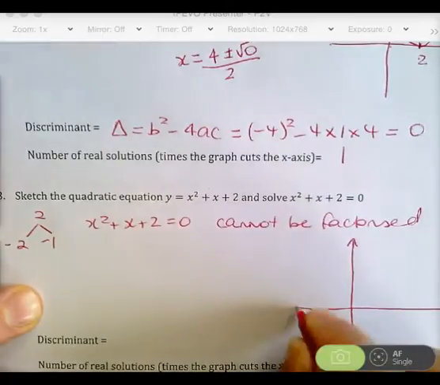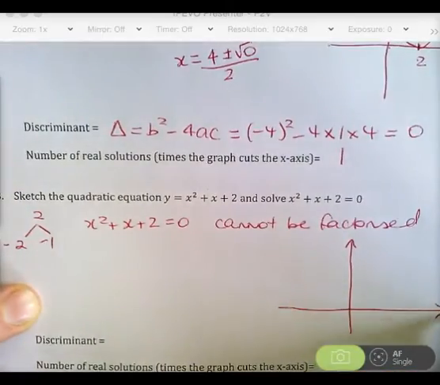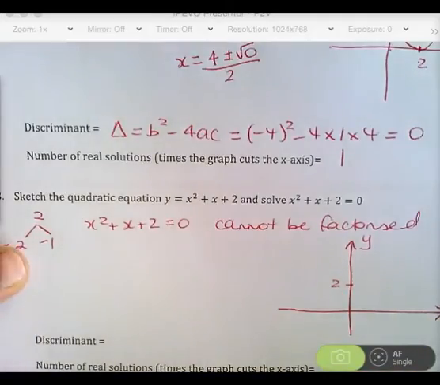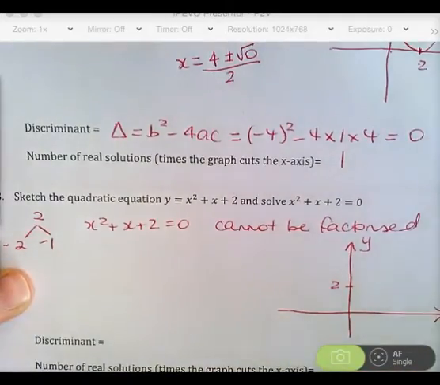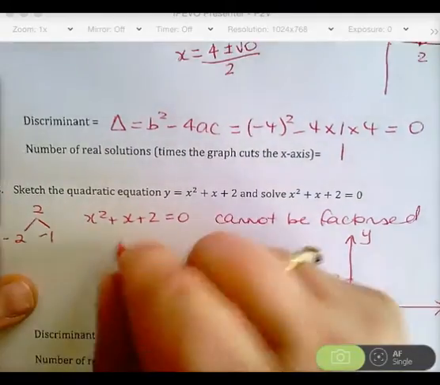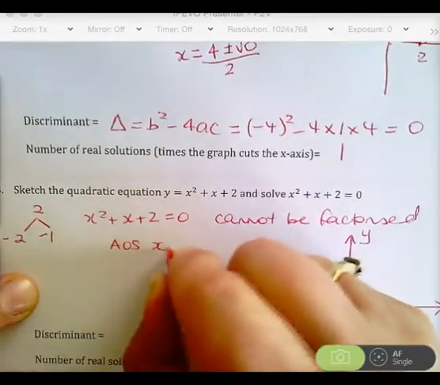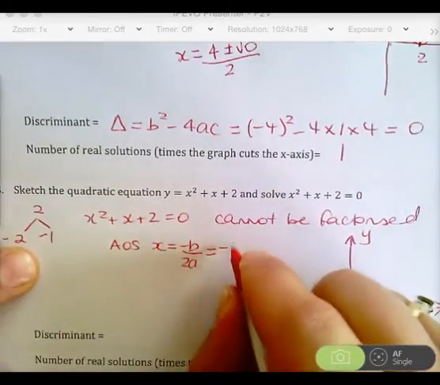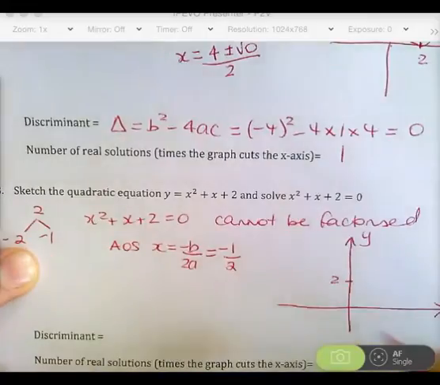Can you tell me the y-intercept? Good. Can you tell me the axis of symmetry? x is negative b on 2a, which is negative 1 over 2 times 1, so it's negative a half.